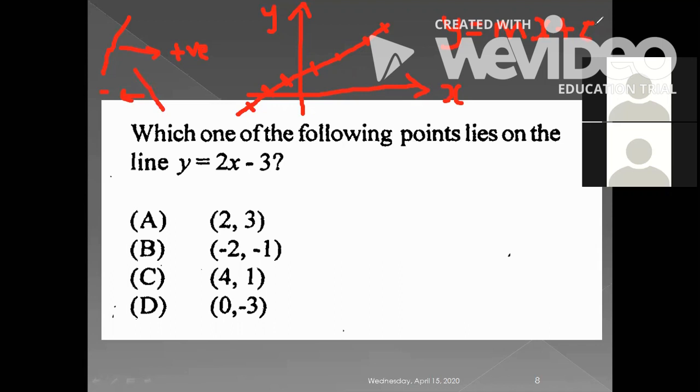Can anybody tell me what c represents? The intercept. Very good. You have to be specific. It's called the y-intercept, because the straight line can also intercept on the x-axis.